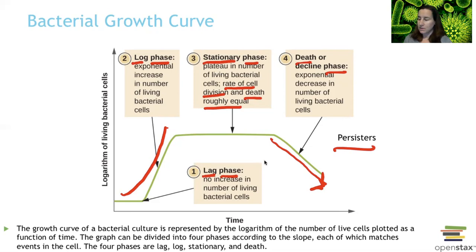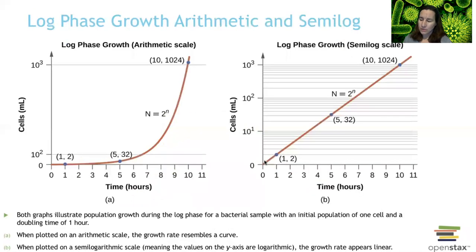And it mentioned tuberculosis is known for persisters. So in this bacterial growth curve, understand that this is a closed environment. We're using one broth tube and it's sealed up, and whatever's happening in there is happening in there. Here's our logarithmic growth.